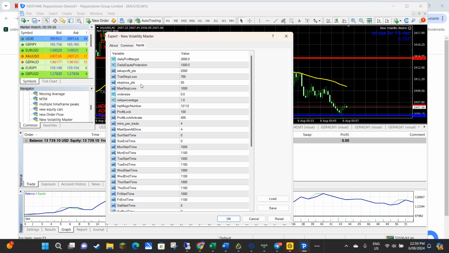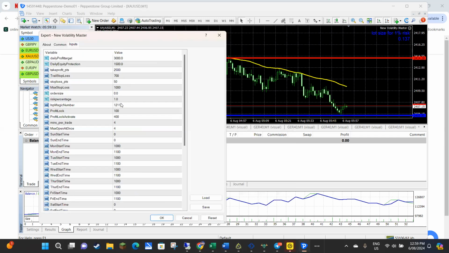We talked about the stop loss in points and the fact that it's going to, in this case, place a stop loss 50 points, which is 5 pips, above or below the range. Okay.